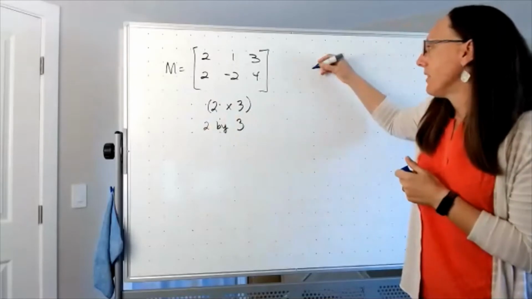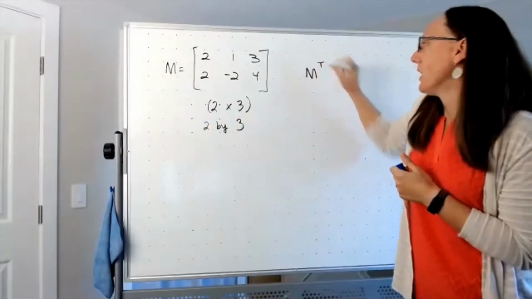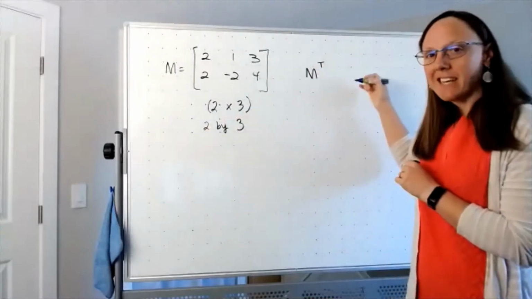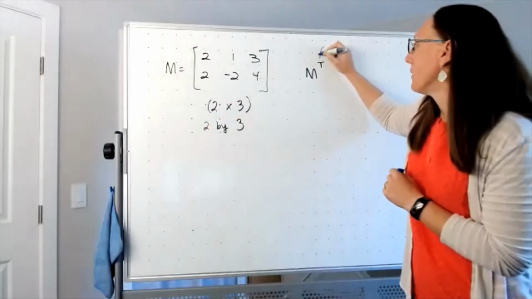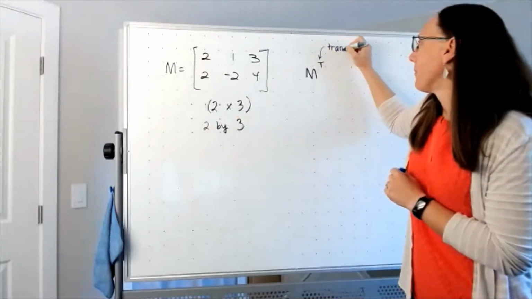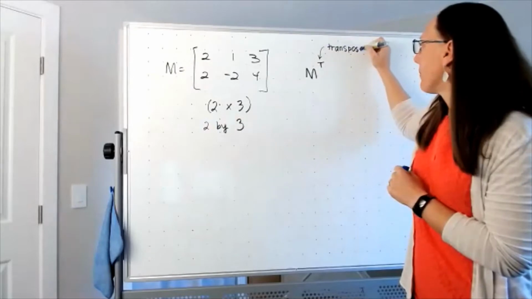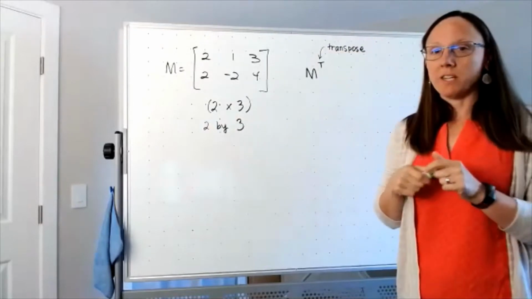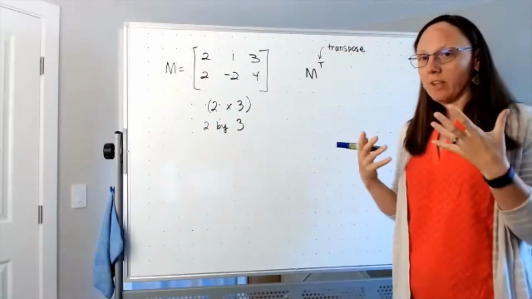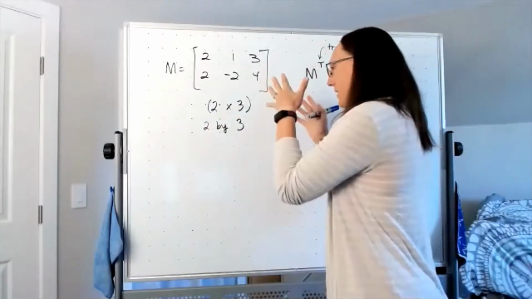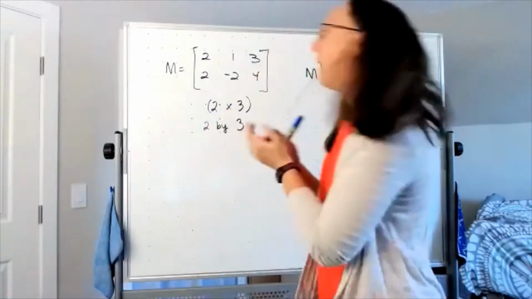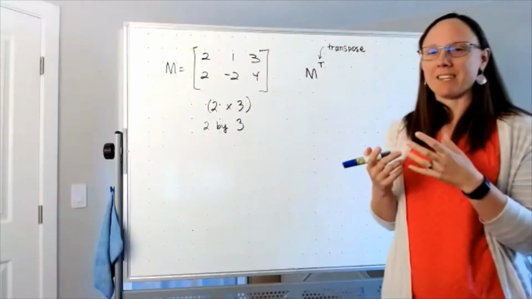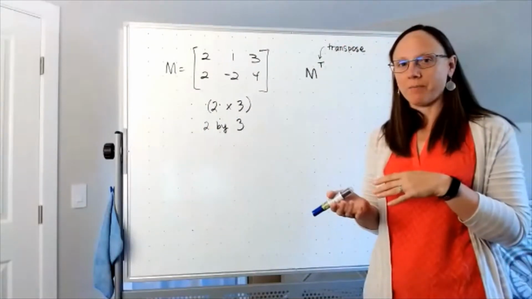If we put a little T at the top of the M, that T stands for transpose. And what transpose means, the way I like to visualize it, is I think about the matrix falling over. But what it actually means is that we trade rows for columns.